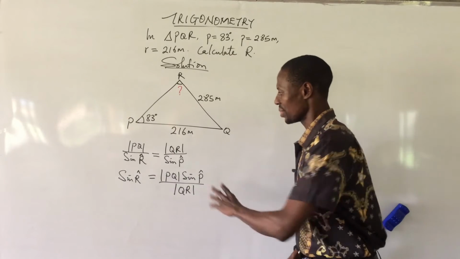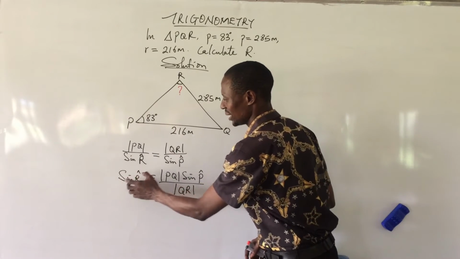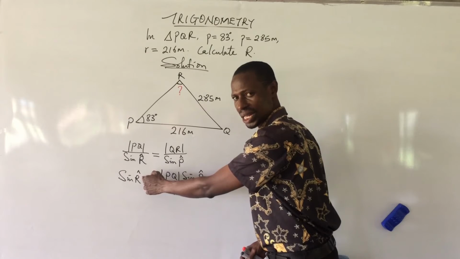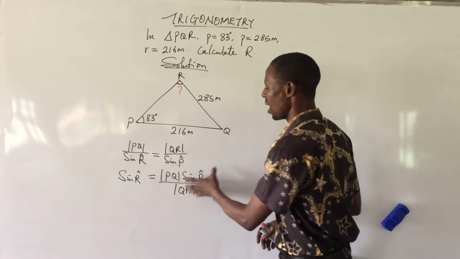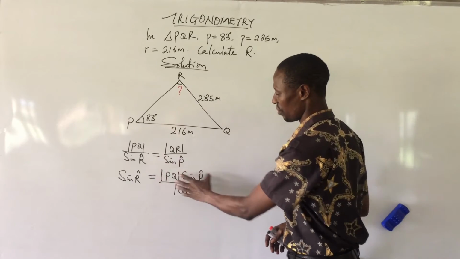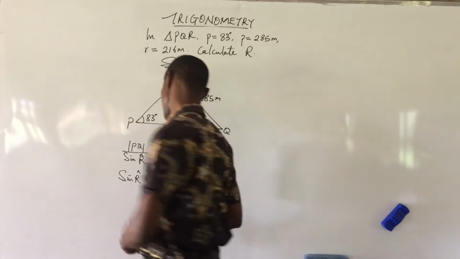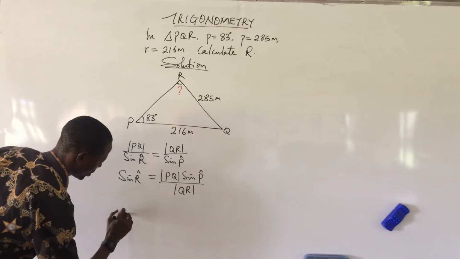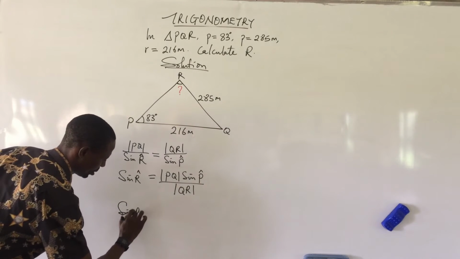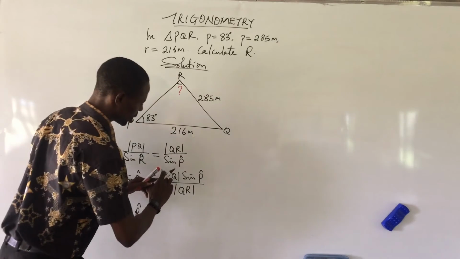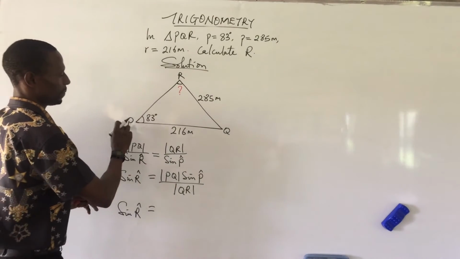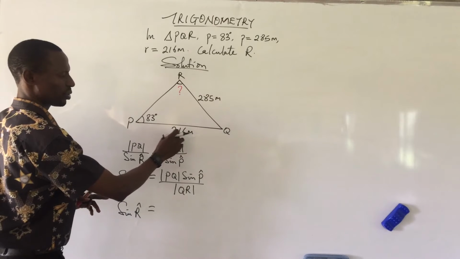So let's proceed. Now that we've made sine angle R the subject of the formula, let's bring out the numerical values of all these symbols. This will give us sine capital letter R is equal to, what is PQ? Look at PQ, it is 216.